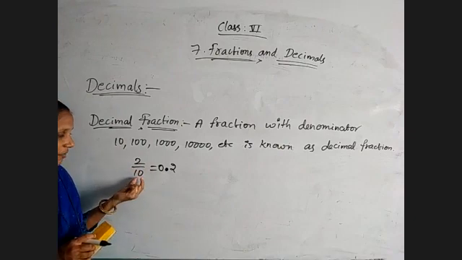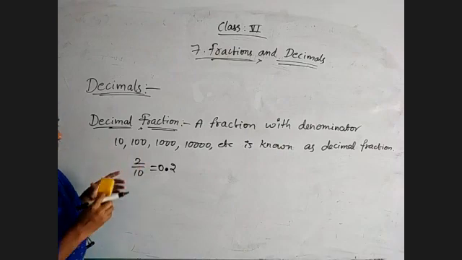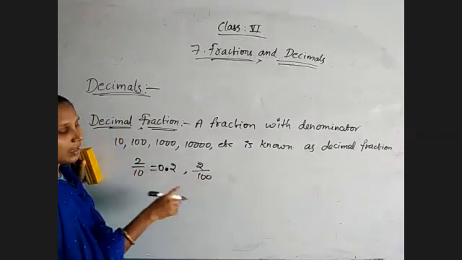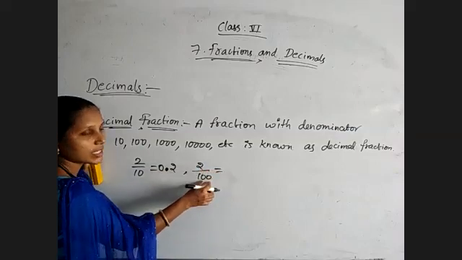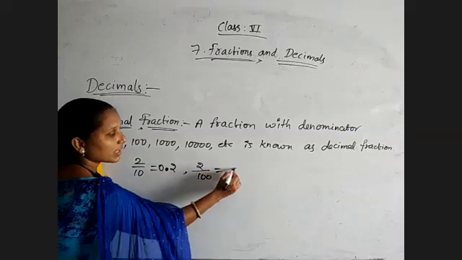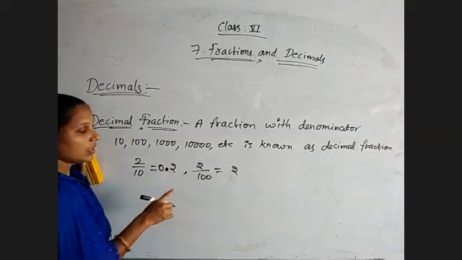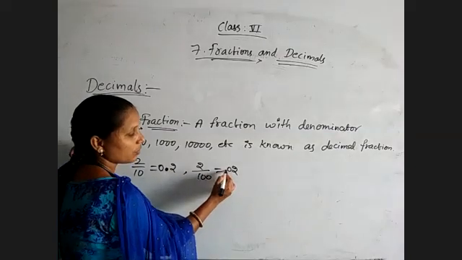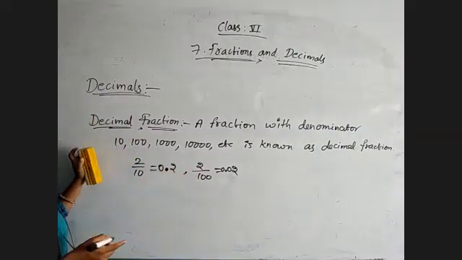We just count the number of zeros and move left by that many places. Suppose for the same number I have 100 as the denominator, so here two zeros are there, which means I'll get a decimal number with two decimal digits. But in the numerator I have only one digit, so for the other digit I'll keep 0. Then before those two digits we put the point, that is 0.02.